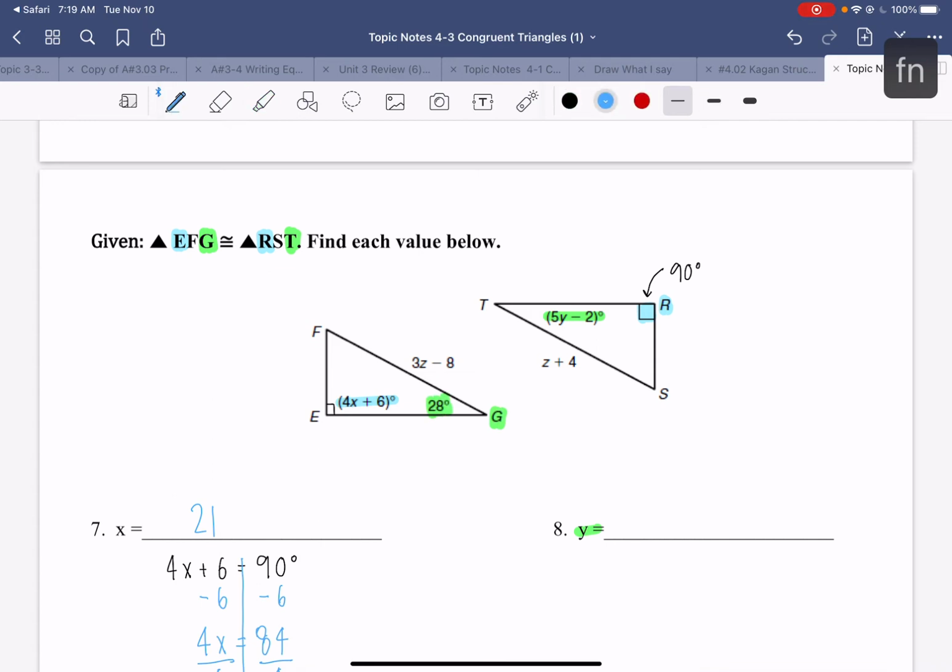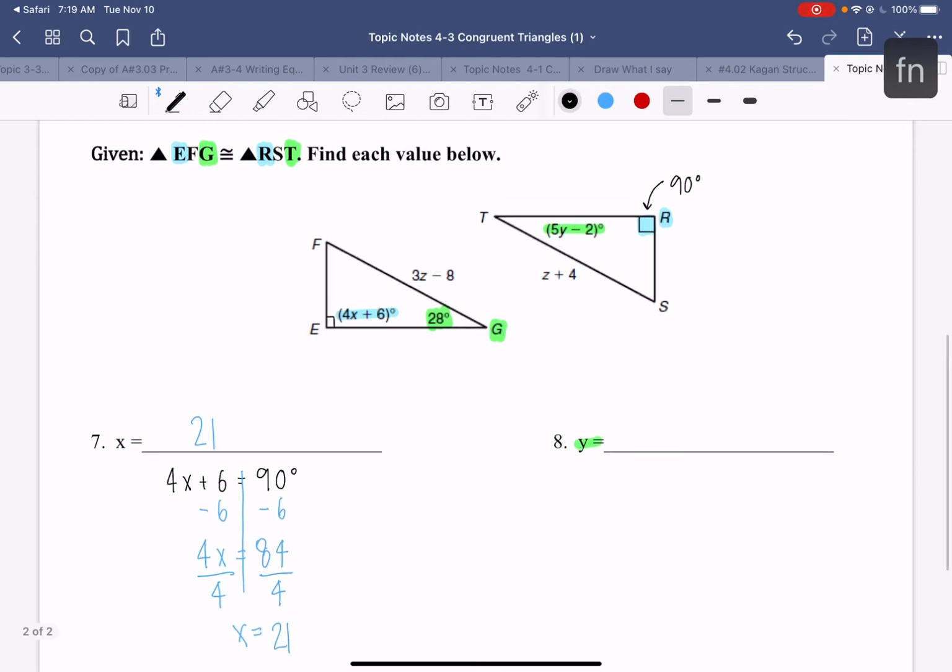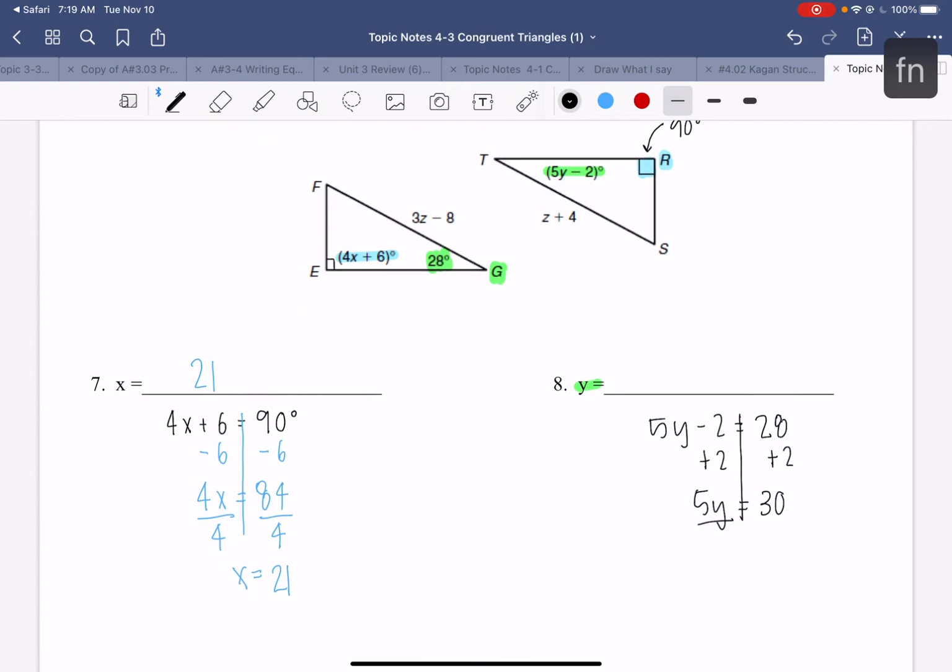Because those angles are congruent, I can set 5y minus 2 equal to 28. Add 2: 5y equals 30. Divide by 5: y equals 6.